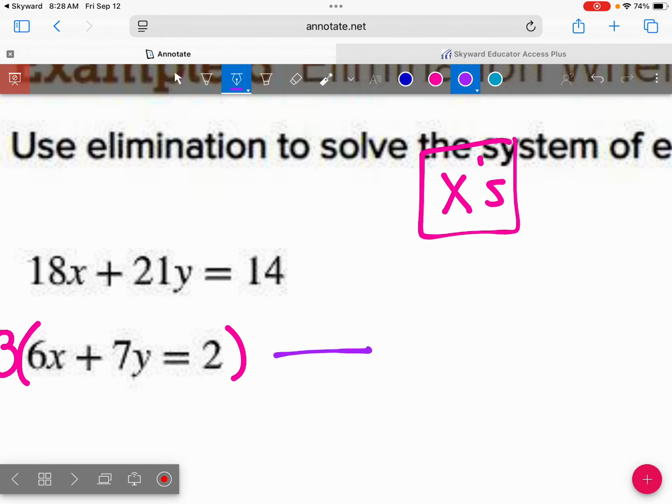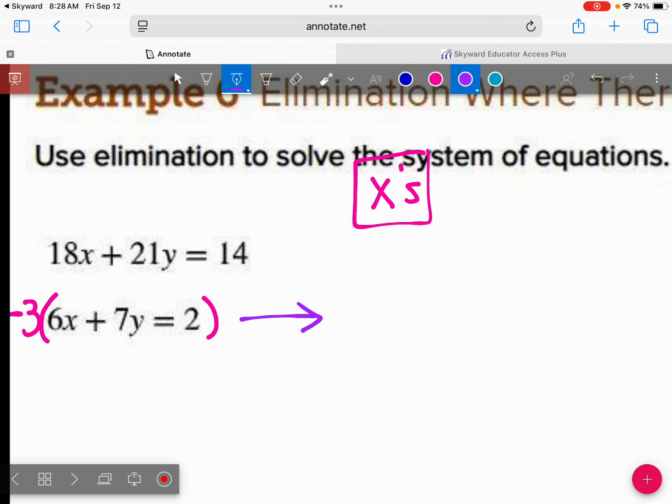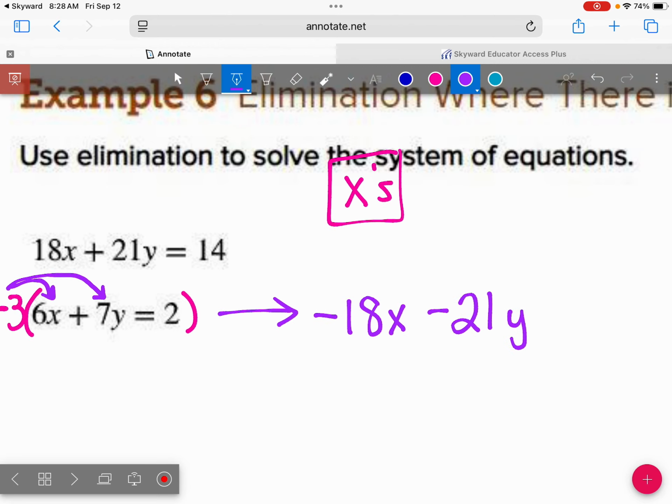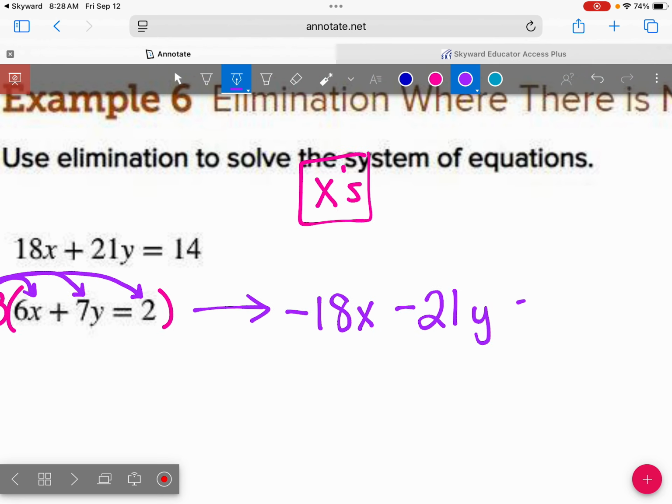So I'm going to bring this over here, and I'm going to write them bigger. When I'm multiplying by -3, I'm going to take my -3 times my 6x to get -18x. I'm going to take my -3 times my 7y to get -21y. And I need to take my -3 all the way over to this 2 to get it equals -6.